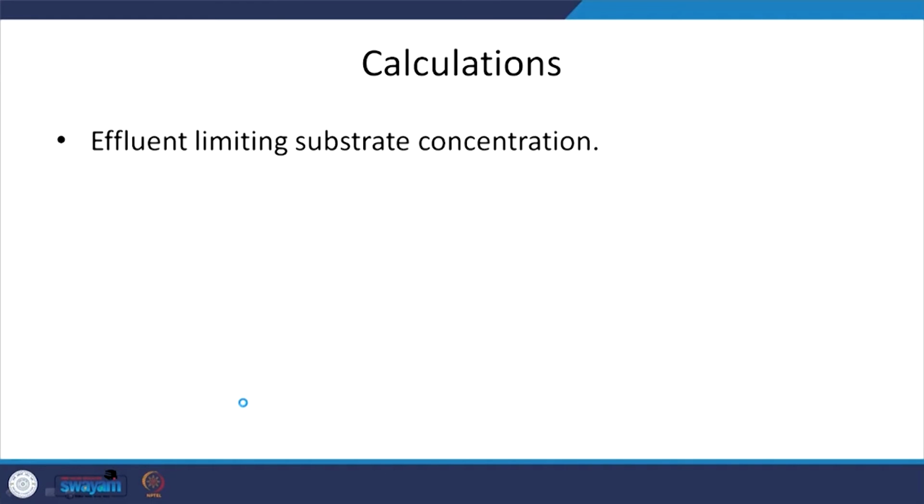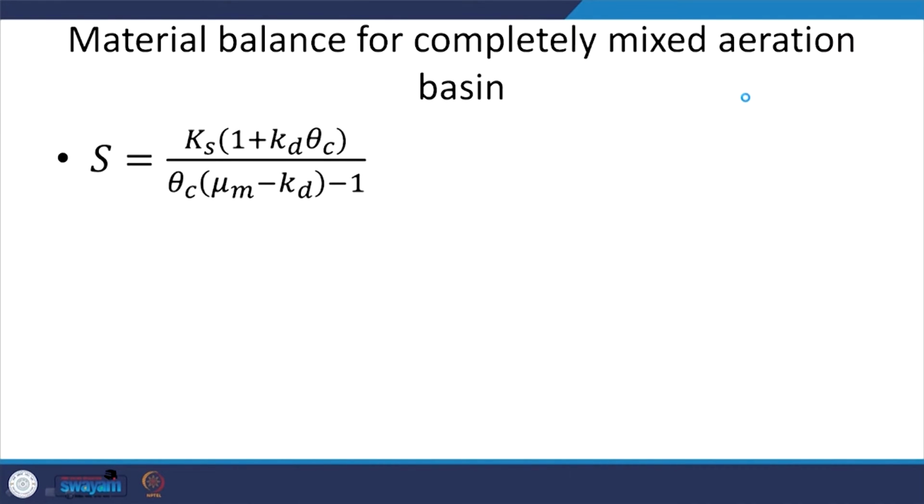So effluent limiting substrate concentration, this is something that we got, right, based on the relevant mass balance. So we applied the mass balance and we also looked at the equation where we had rate of R net X is equal to our rate of production of X minus rate of loss of X, substituted relevant aspects and we came up with this, right.